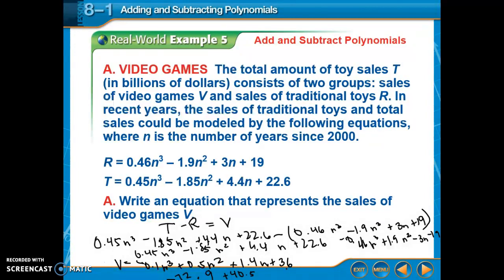9 times 1.4 is 12.6, and plus 3.6. So I'm just going to put all of that into the calculator. So plus 3.6 plus 40.5.